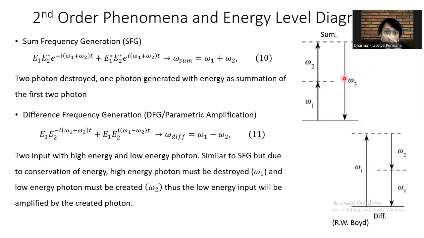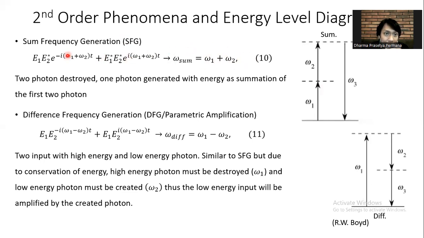This omega 3, however, satisfies the relation that its value is related to the summation of omega 1 and omega 2. This is what we call sum frequency generation, so that we generate new light with higher frequency, but the frequency is the summation of the first fundamental lights, in equation 10.